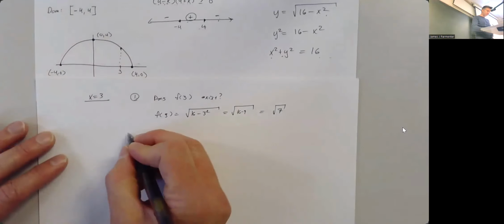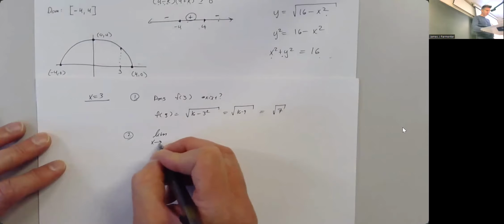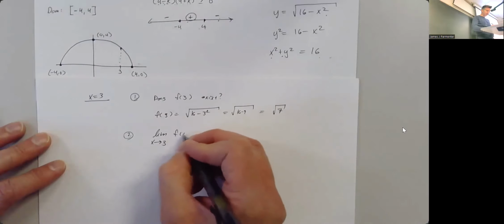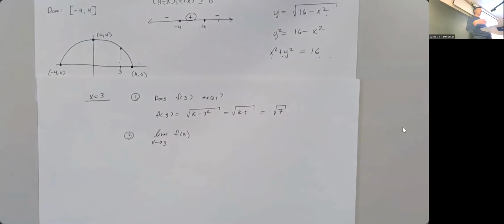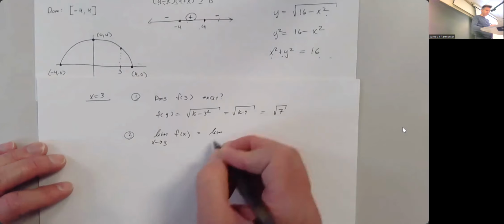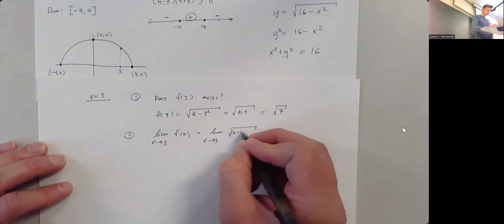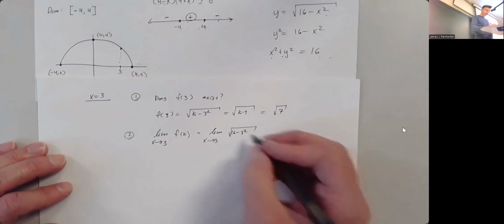Okay, second question. What about the limit? Well, the limit as x approaches 3 of f of x, since it's defined to be the same function on the left and the right of 3, we don't have to do a left and right thing. We can just say it's the limit as x approaches 3 of the square root of 16 minus x squared.